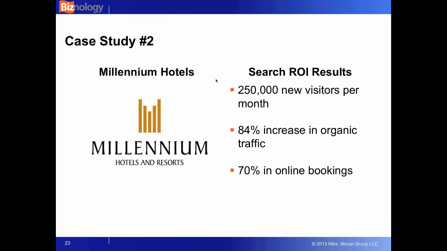So these are two examples of how businesses have taken some of the areas of keywords and writing to their audience and the tools that I showed you, into insights, to strategies, to revenue-generating results.